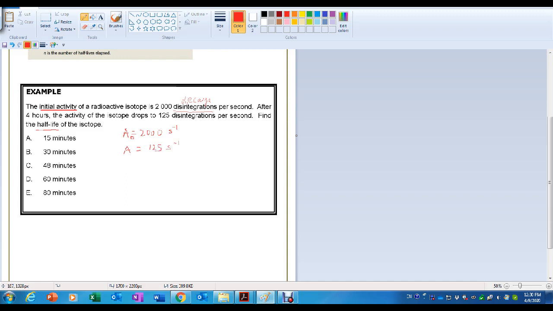Okay, and the time taken is 4 hours, but we need to find the half-life. How long is the half-life? Okay, let's apply the formula. So the formula tells us like this. Okay, so A is 125.